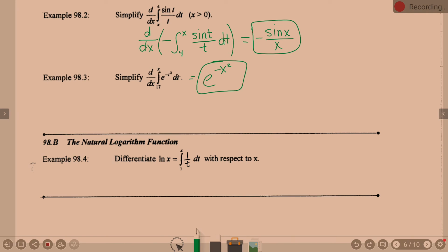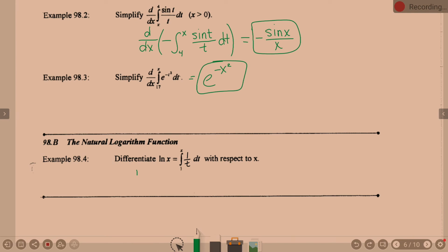Now, I know some of you caught me at the beginning of class. I was fixing a typo. So what this is supposed to read is differentiate the natural log of x equals the integral from 1 to x of 1 over t dt with respect to x.